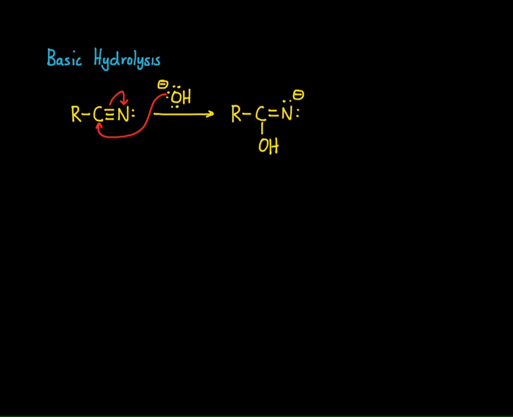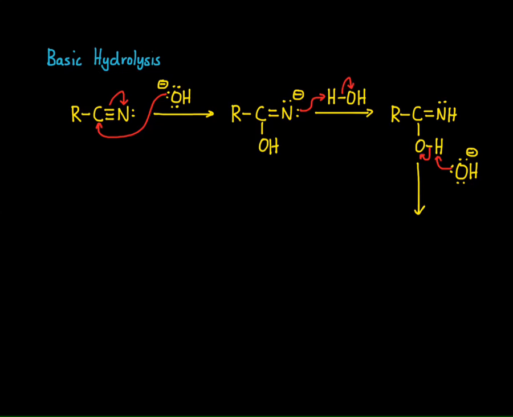And that anion is a very strong base. So we can use water to transfer a proton to that anion. And now we have a neutral species. And of course, we've regenerated hydroxide ion in the process. So that hydroxide ion can then simply remove a proton from the OH.